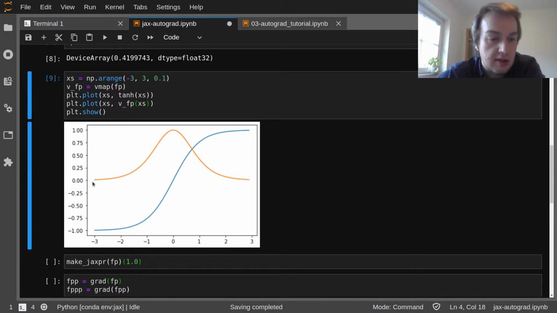That means the gradient is close to 0. And then in the middle, the slope increases quickly. That's what you see here in the derivative. There is a maximum at 0, and then the slope decreases back to 0.